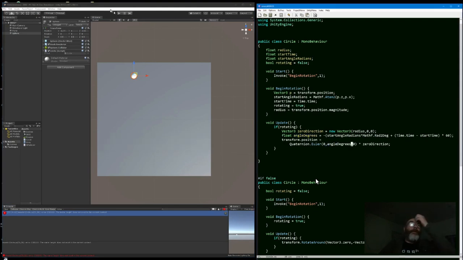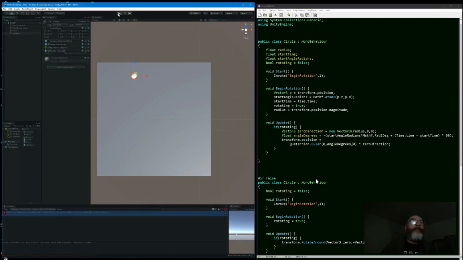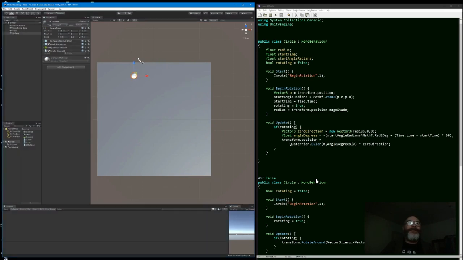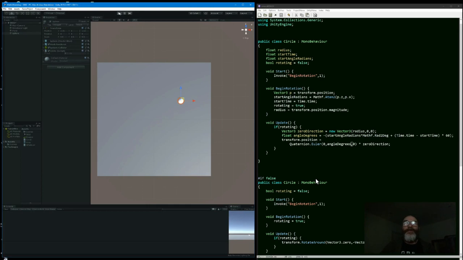Right. And now we're out of La La Land. We're back on good ground, and there's another way of drawing the circle, or making the thing move in a circle, I should say. And this is working fine.